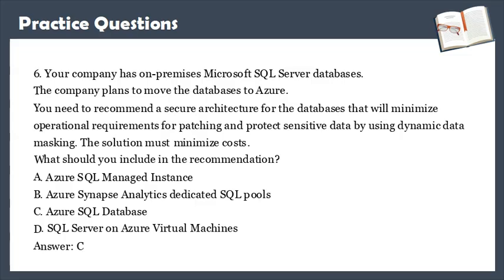The solution must minimize costs. What should you include in the recommendation? A. Azure SQL Managed Instance. B. Azure Synapse Analytics Dedicated SQL Pools. C. Azure SQL Database. D. SQL Server on Azure Virtual Machines. Answer: C.